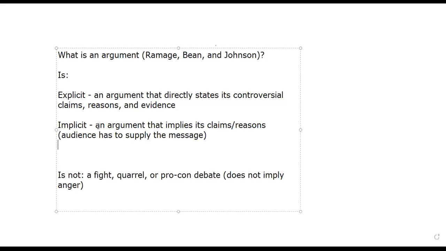Implicit arguments are often visual arguments, right? Political cartoons, you have to have some context in order to understand them because they are not saying directly what they mean. Instead, they're implying what they mean, and you are providing that explicit meaning yourself. As a matter of fact, there is a famous news website that has cartoonists who draw a cartoon, and then they have people supply a caption for it.